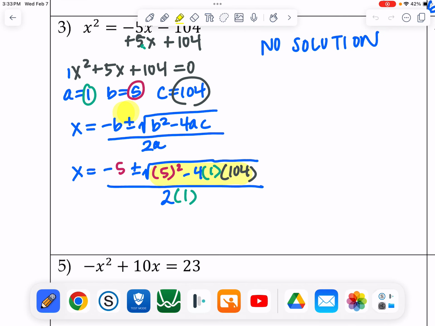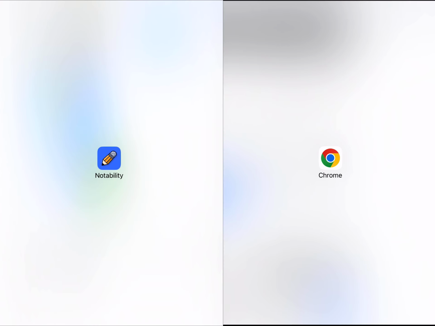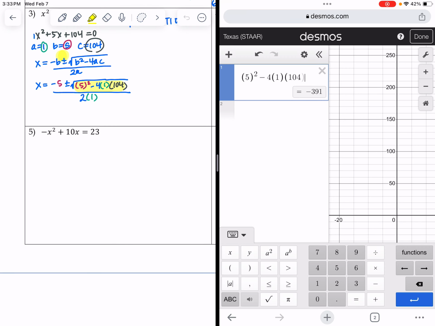Whenever your discriminant is negative, it kind of tells you there's no solution. Okay, so we have x equals -5 plus or minus the square root of -391. All over, and 2 times 1 is 2.